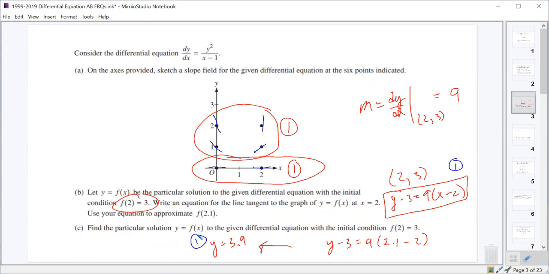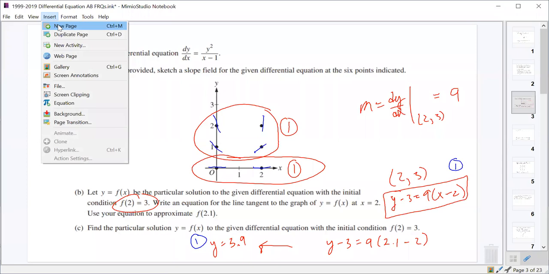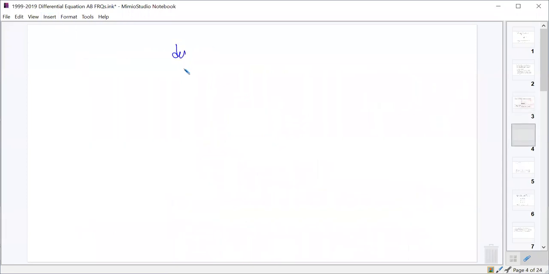Part C, as I think I mentioned yesterday, the solving of the differential equation is usually more heavily weighted. It's worth 5 points out of the 9. And so we'll start with dy/dx equals y squared over x minus 1.